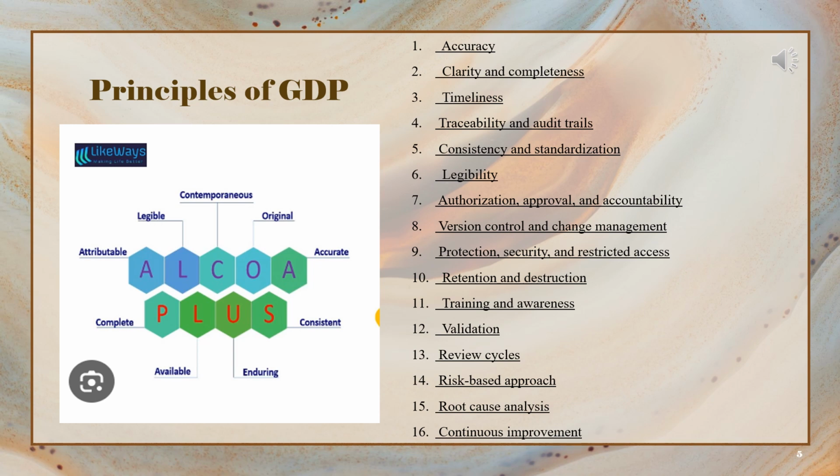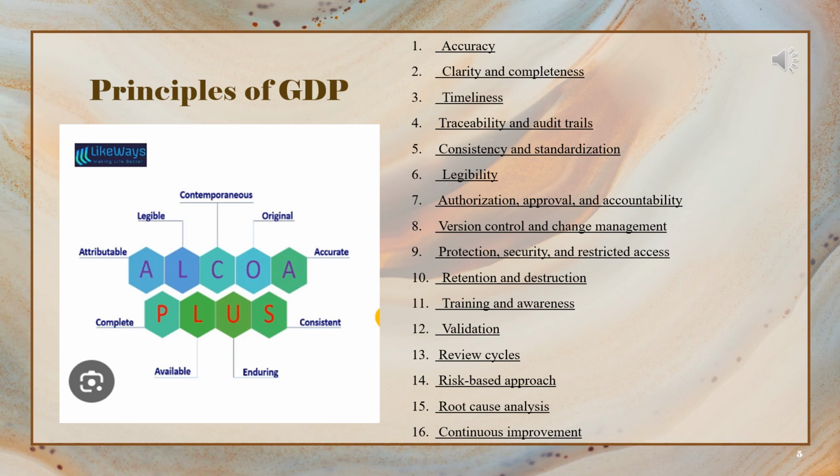And next is retention and destruction, where we should hold your documents only for the required period and destroy them securely when no longer needed, because keeping them may sometimes lead to unethical activities. Training and awareness means training your relevant personnel on good documentation practices and ensuring they are aware of why compliance is important. The 12th one is validation.